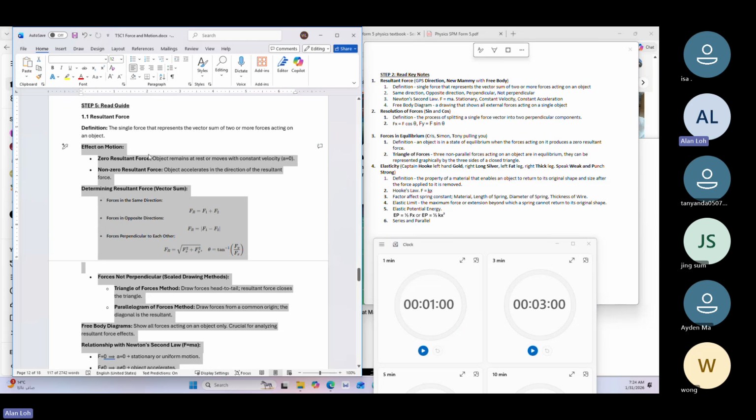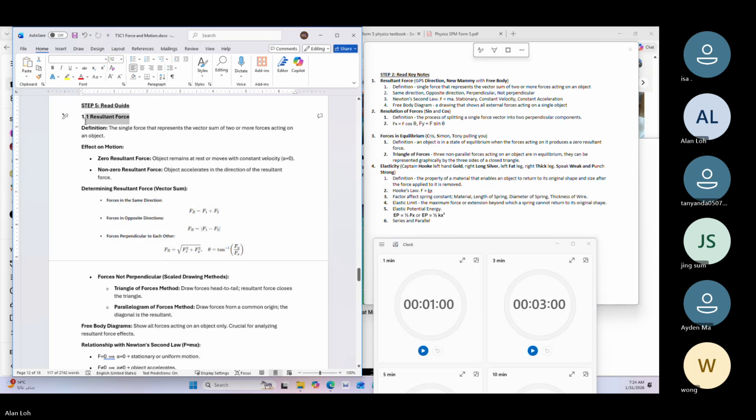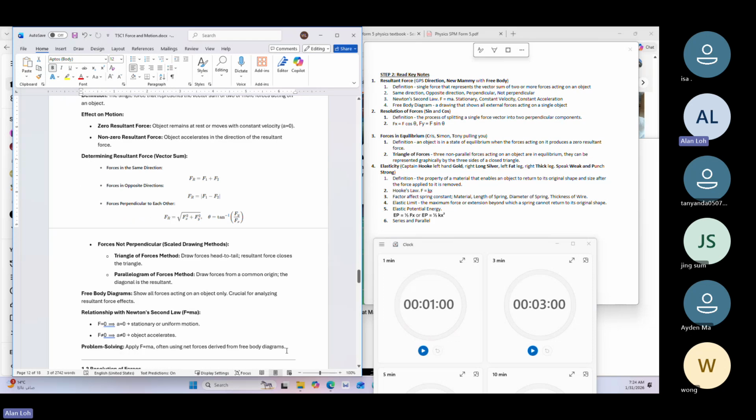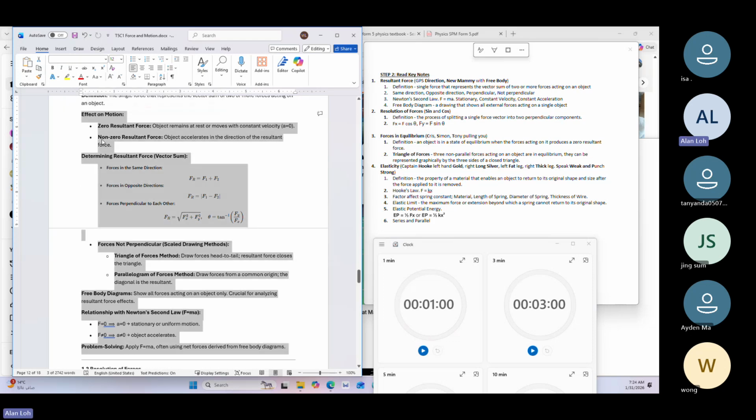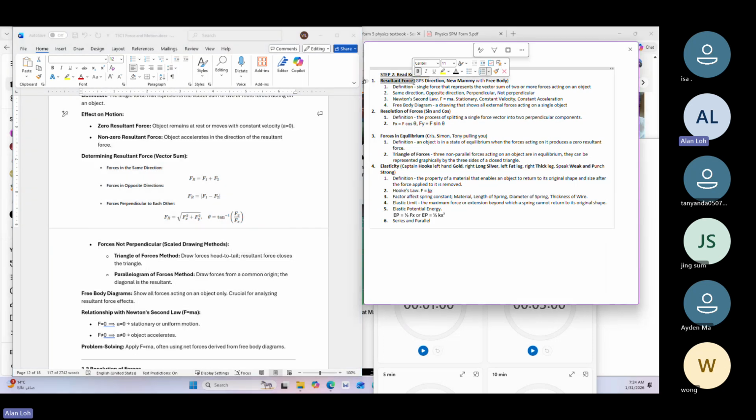Step number 5 is you read and you ask yourself which drawer, and when you read the content, you intentionally pick up the new information that you never knew before step 4 or 5 or 3 or 2, and store it in drawer number 1 inside your brain. Of course, you are not writing it down. If you are writing it down, it's even better. If not, then intentionally pick it up and put it into drawer number 1.